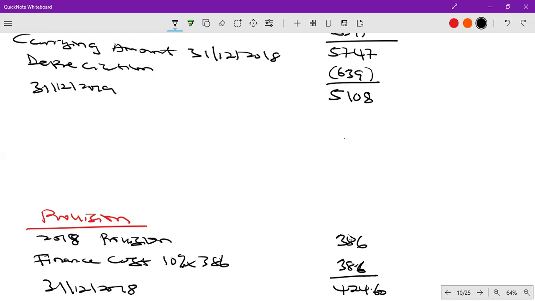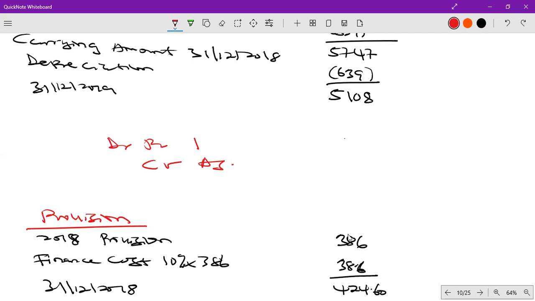We debit the provision with the amount and credit the asset with the amount. That's all. Before you charge your depreciation.